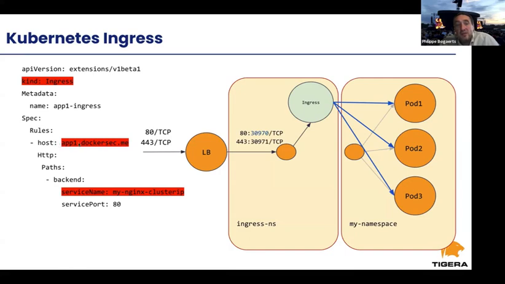So host here refers to essentially the host name that will be available on the internet in this case. It's what you type in the URL, and it's basically referring to a service name, which is the service that you created of cluster IP.